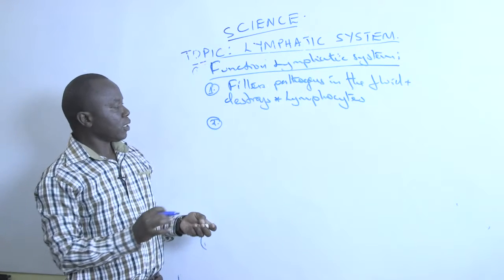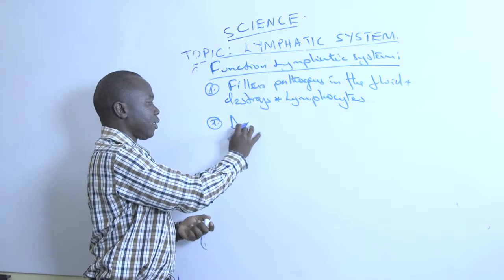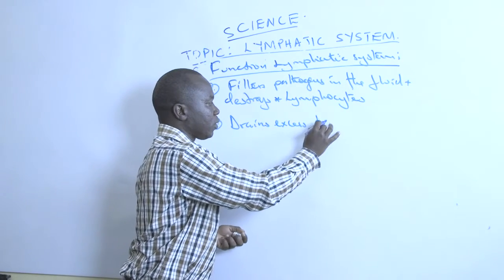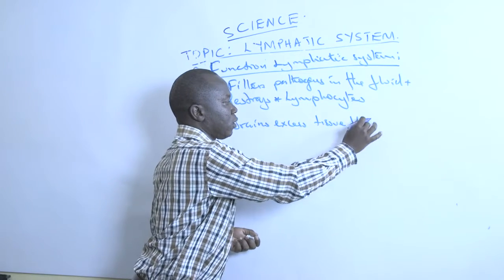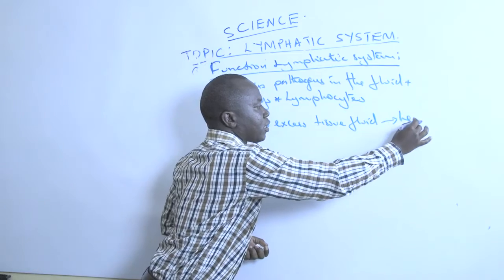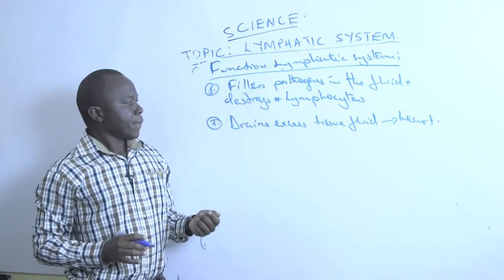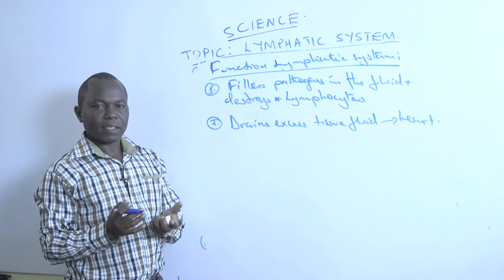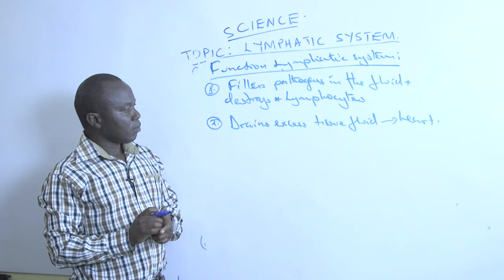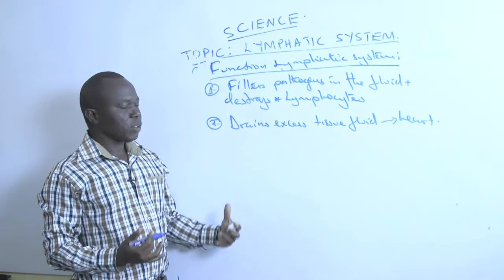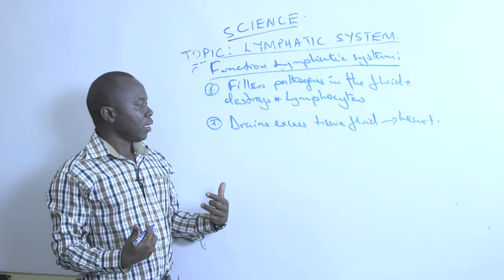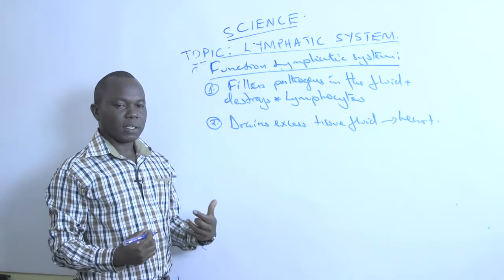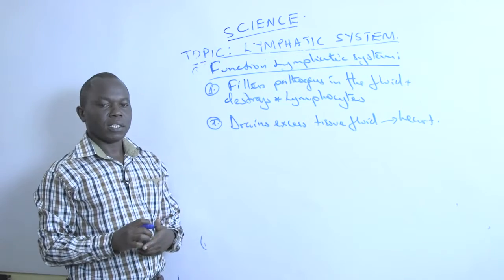Another role of the lymphatic system is to drain excess tissue fluid back into the heart. Remember, we have said the lymphatic system is a closed-end system. So sometimes we are going to have tissue fluid getting out of the system and being retained in the tissues.